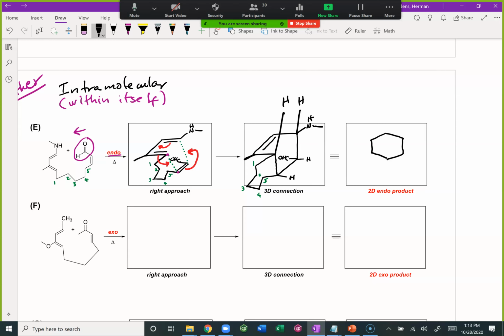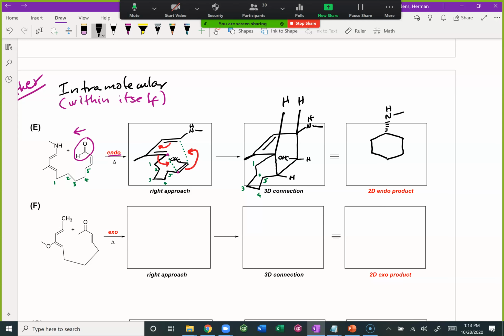And at 12 o'clock, we will have this group down. Notice that carbons 1 and 5 will be down. You see that? All right.